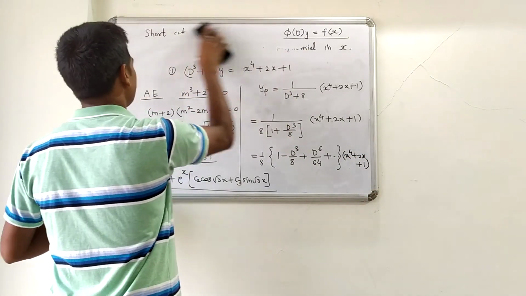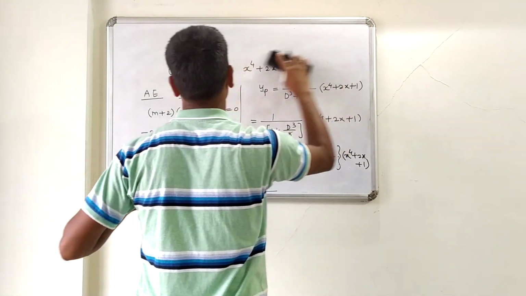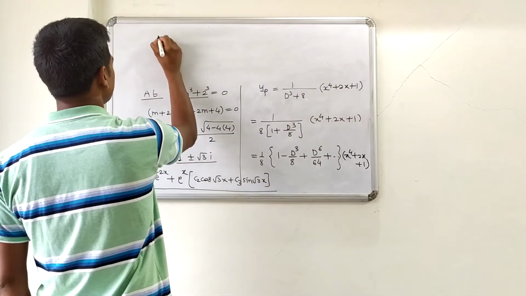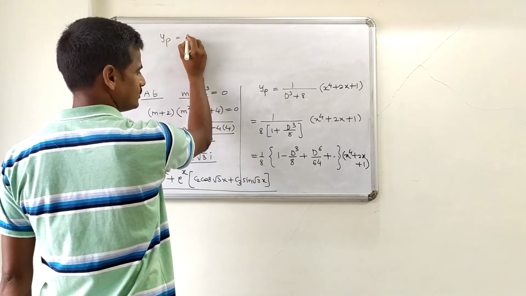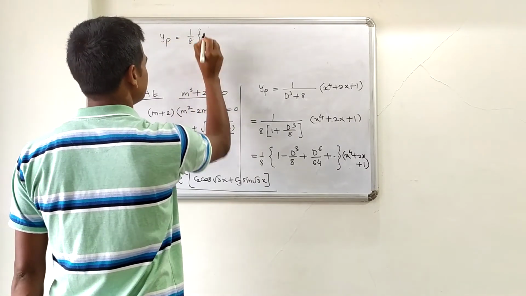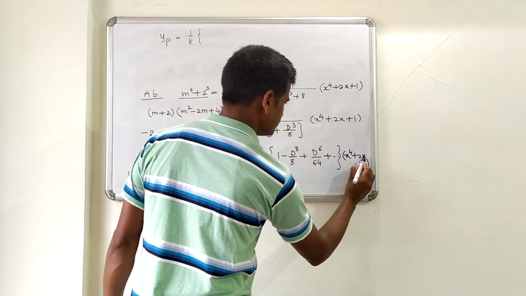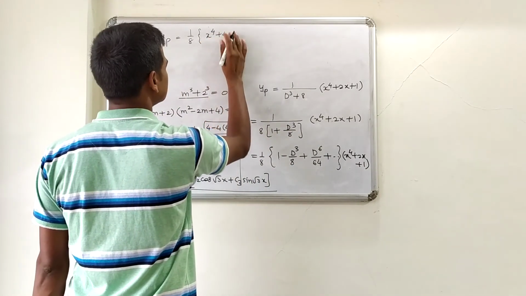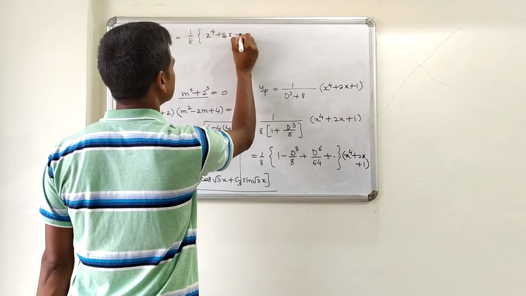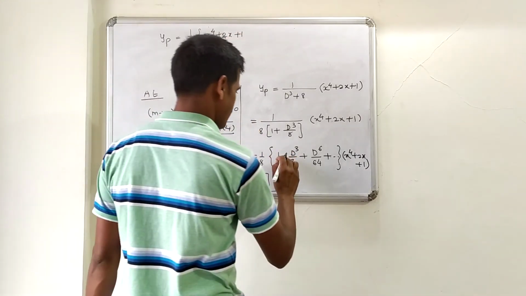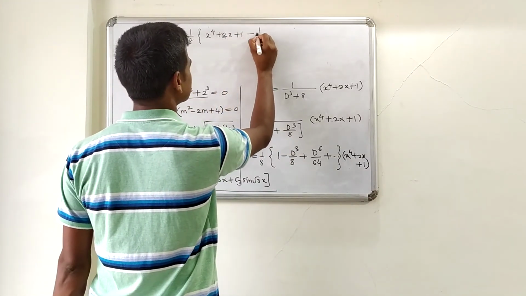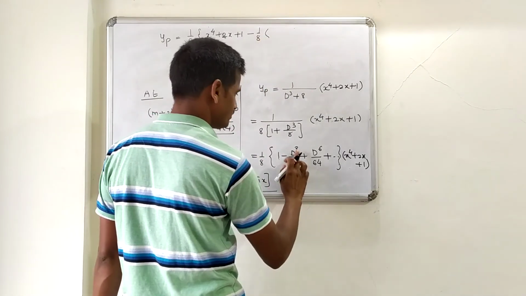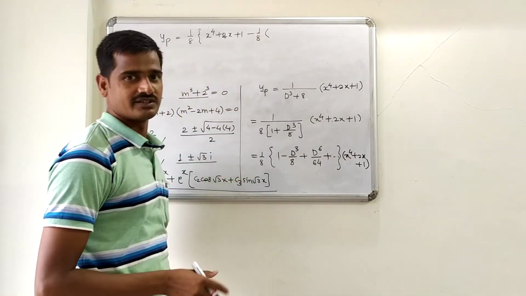Now I write at the top. So the particular integral is equal to 1 by 8 into, now 1 into this, so x raised to 4 plus 2x plus 1, minus 1 by 8 times D cube, so the third derivative of this expression.